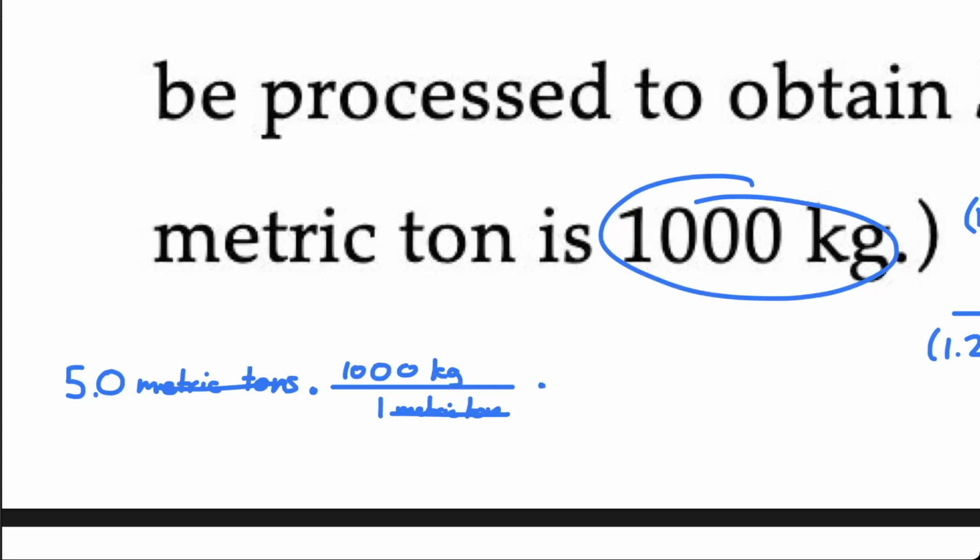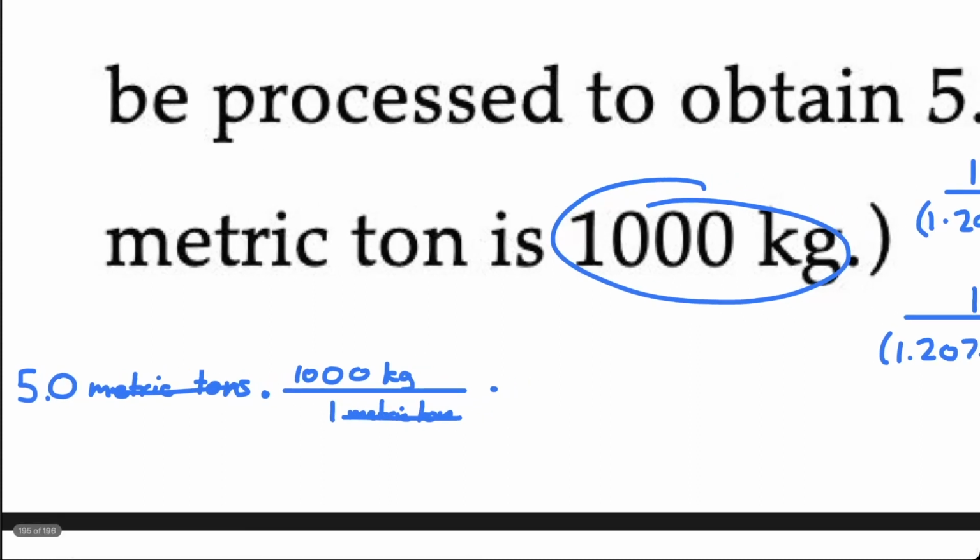Now, wait, but that's not it. That's our conversion factor. Now we need to multiply this by how much is going to be lead. We need to make sure that our units cancel. So this is 1,000 kilograms of lead, that's what we're looking for. So on the bottom, we're gonna put 64.18 grams of lead. Here's the thing.